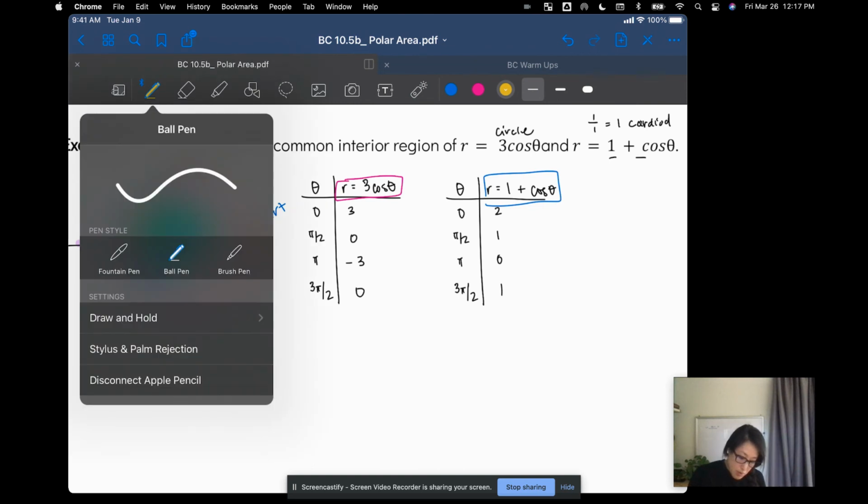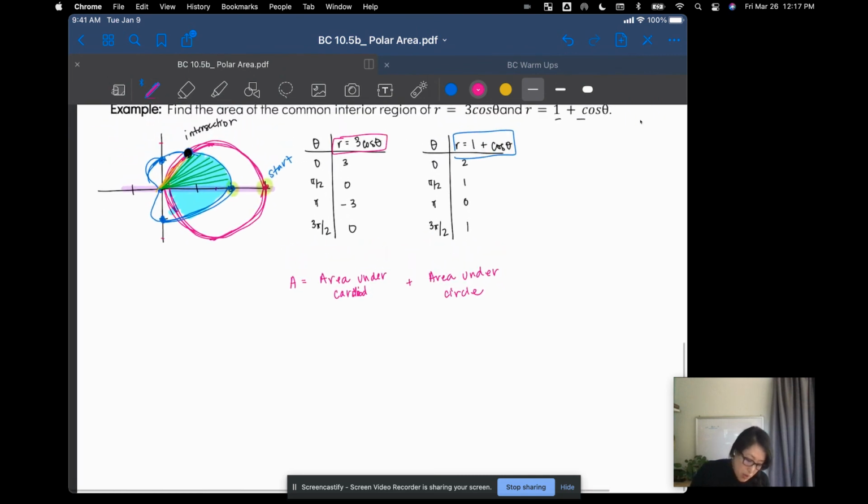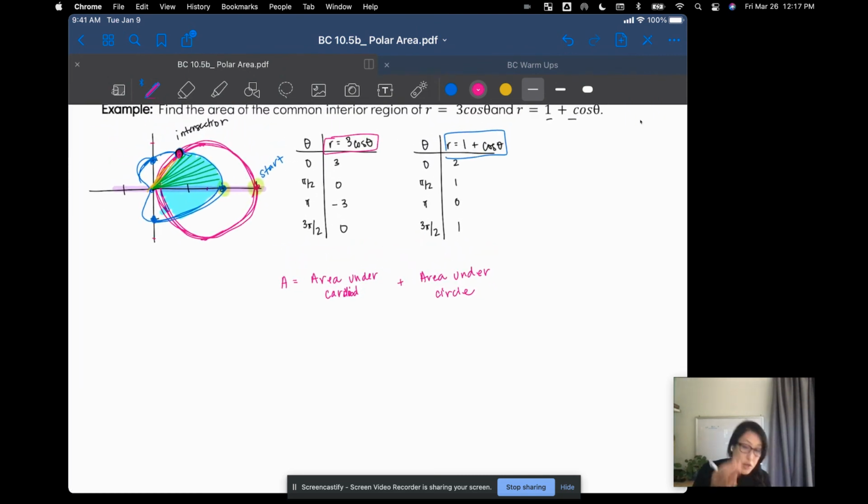So what I want to do is get the area. The total area is the area under the cardioid to the intersection, plus the area under the circle. So we need the intersection point because we need to know when we are going to switch the bounds.